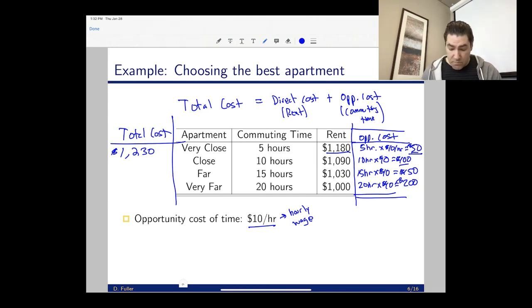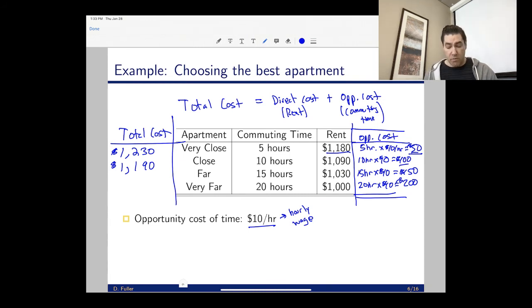As I go from very close to close, the rent is $1,090 and the opportunity cost is $100.